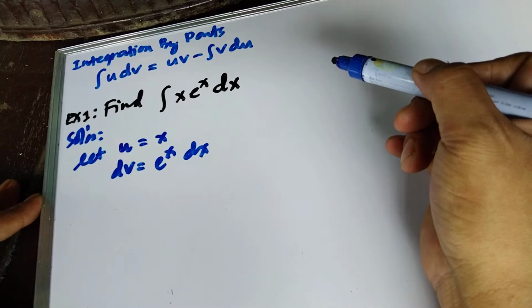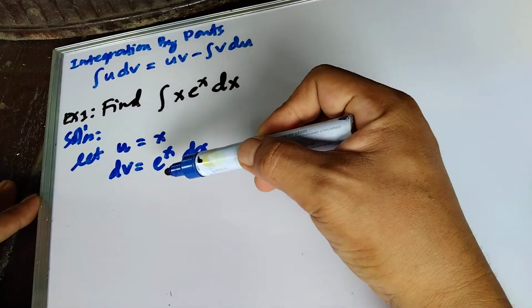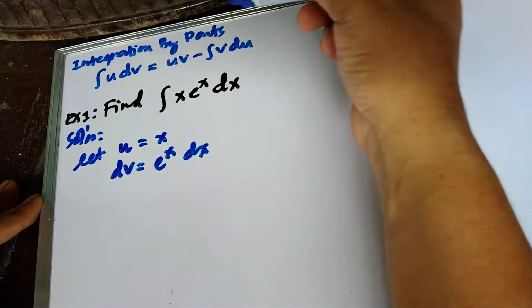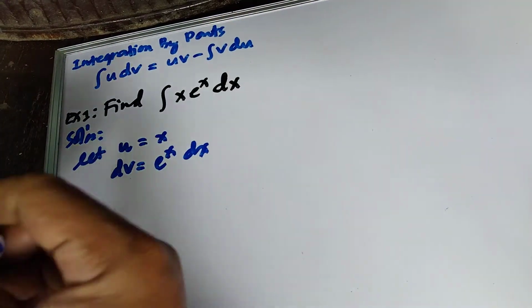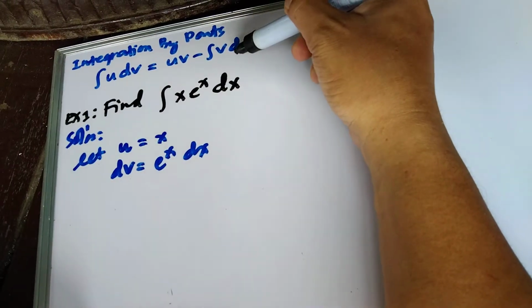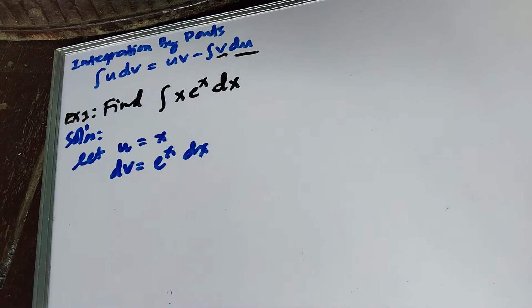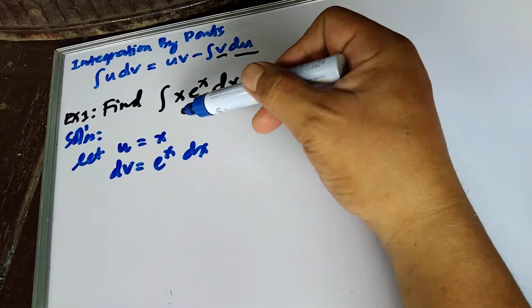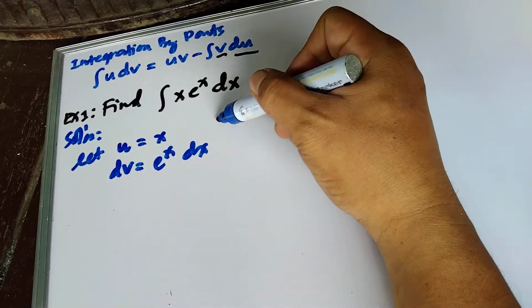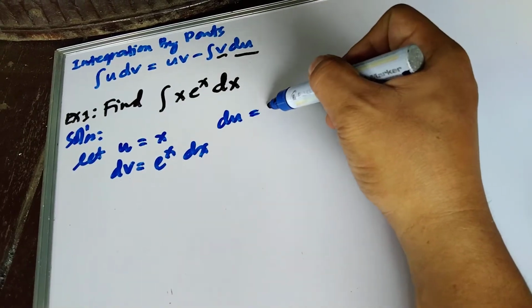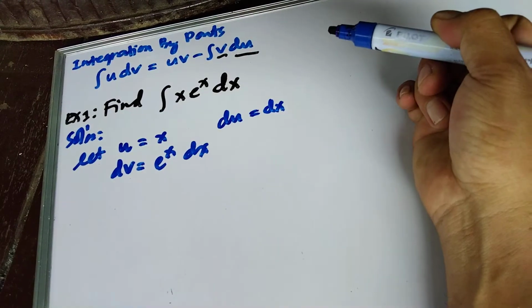Since we already identified our u and dv, we need to find du and v. Since our u is x, what would be the derivative of u? What's the derivative of x? That is simply dx.